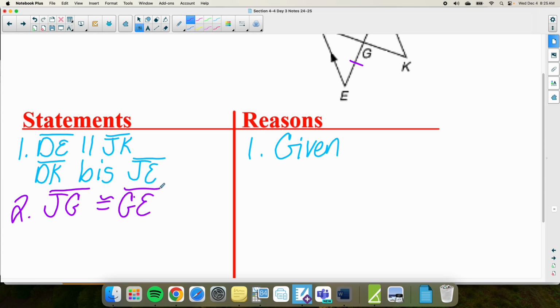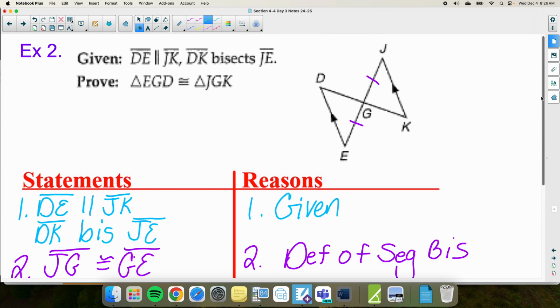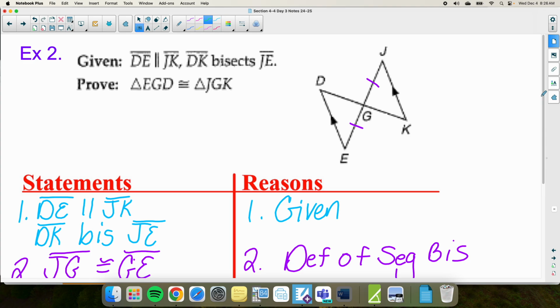Does anyone know what that reason is if you bisected a segment? Definition of segment bisector. So there's a definition of angle bisector if you cut an angle in half, and segment bisector if you cut a segment in half. Now this is where you can do this proof more than one way. What would you guys do next?